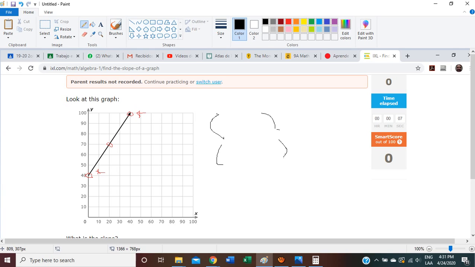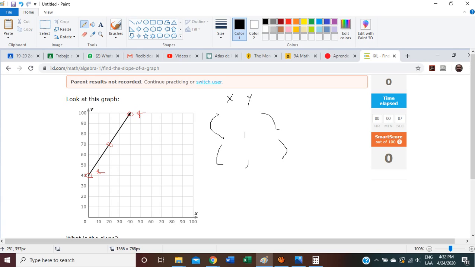Remember how to write coordinates? The first coordinate is x and this is y. Here we're going to write the numbers that are in the x-axis, and here the numbers that are in the y-axis.